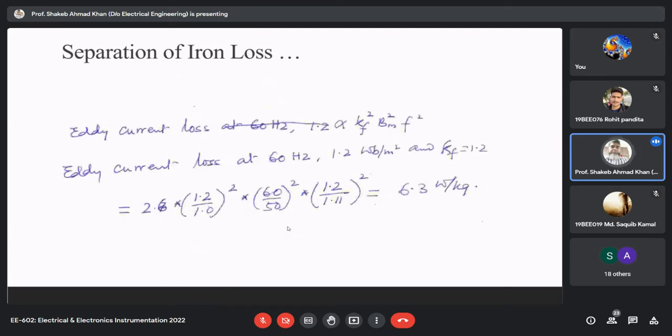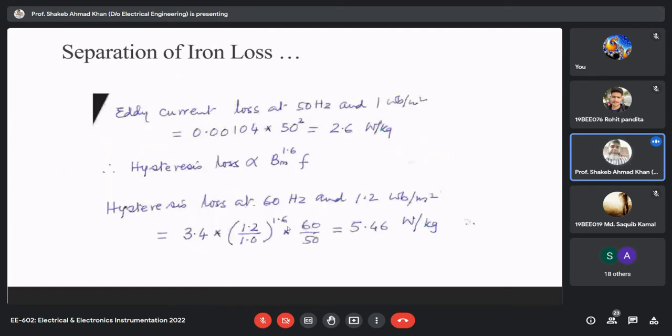So here in this case, as far as hysteresis loss is concerned, it is the maximum flux density times the Steinmetz constant, that is given in problem 1.6, and frequency, the product of these.